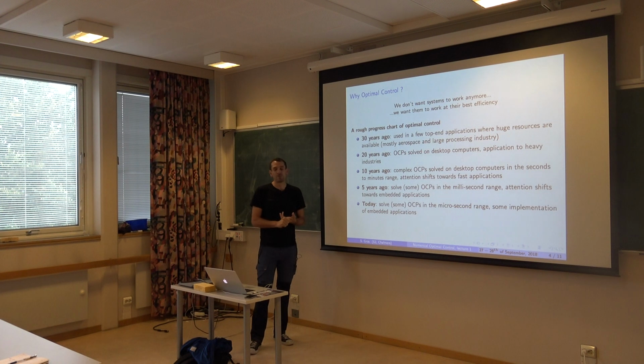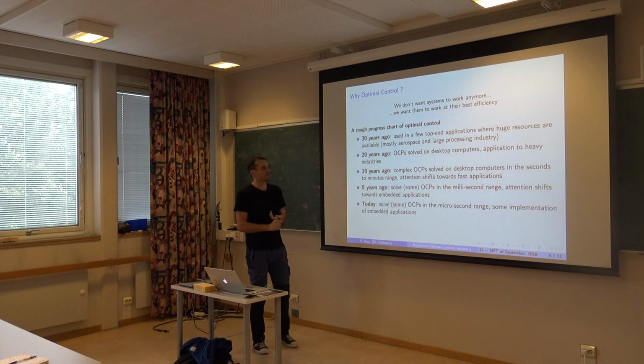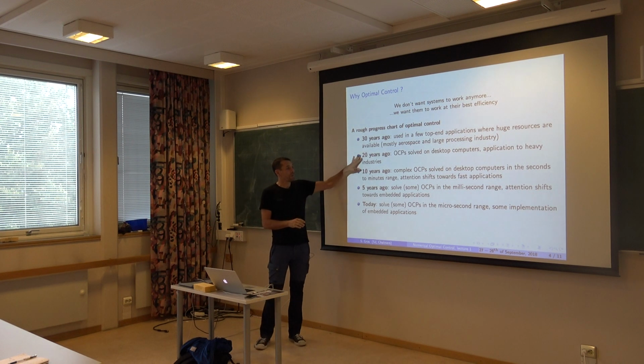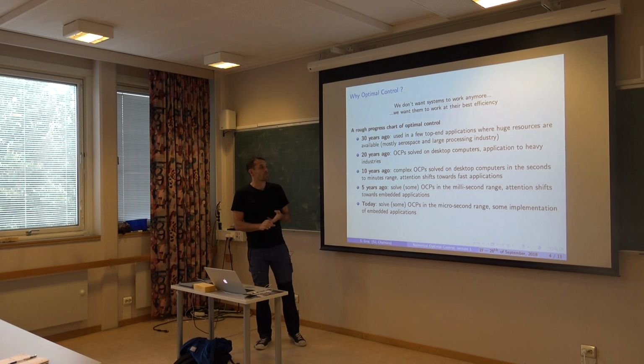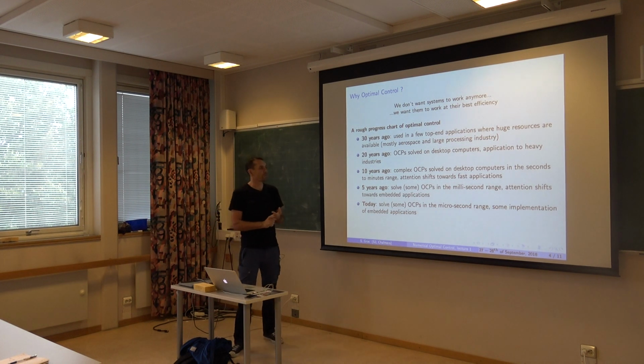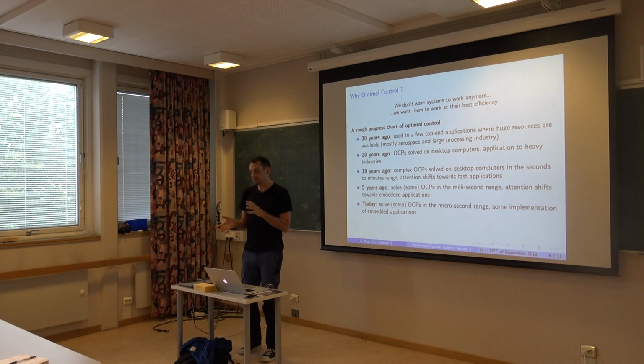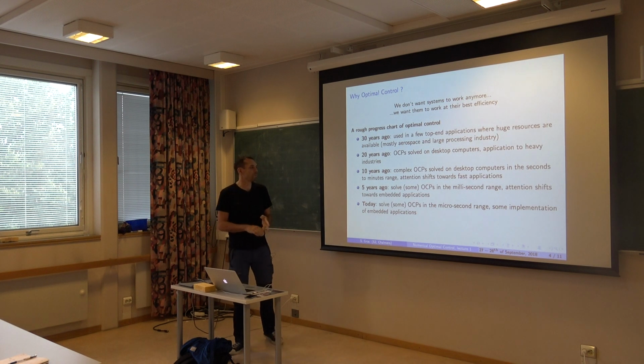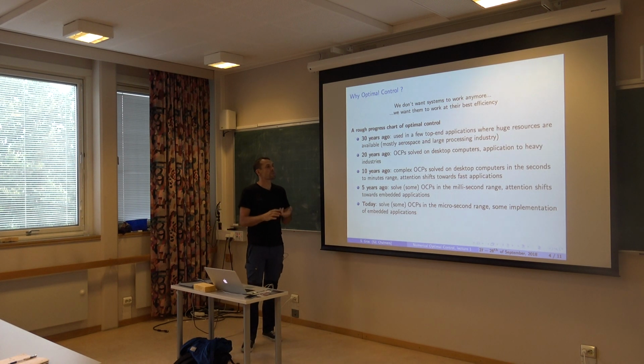And it was pretty much limited to a bit in the very large processing industry. 20 years ago, it was possible to solve simple, not too large optimal control problems on a desktop computer. And then the focus shifted a bit. So heavy industry like oil industry and big processing industry was getting interested in solving or optimizing their processes.